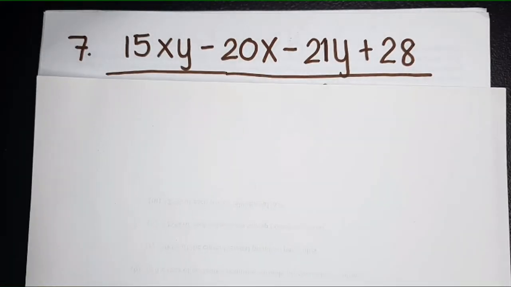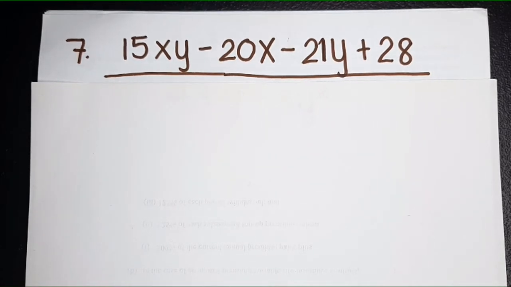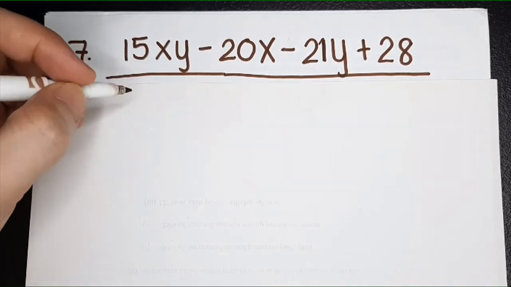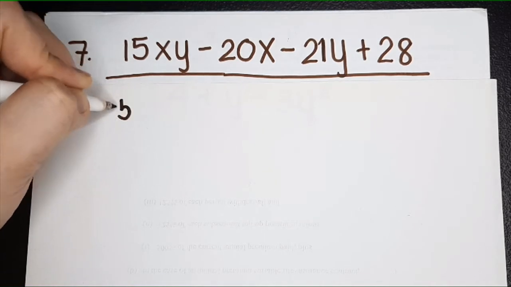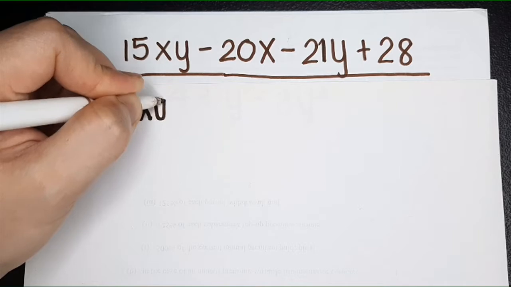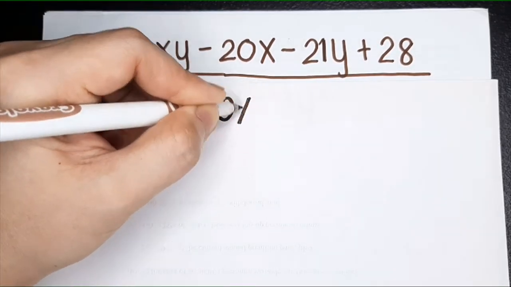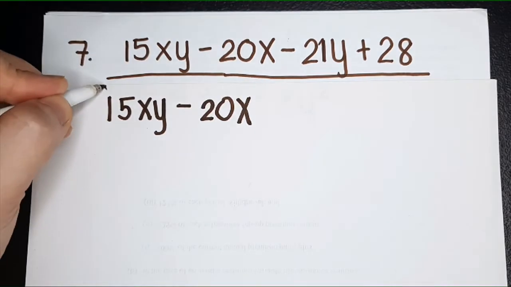Okay, so let's have a scratch paper to factor the numerator and the denominator. Okay, numerator first. Let's try factoring by grouping. So, I'm going to have 15xy. I'm going to group 15xy and this one. Okay, group.